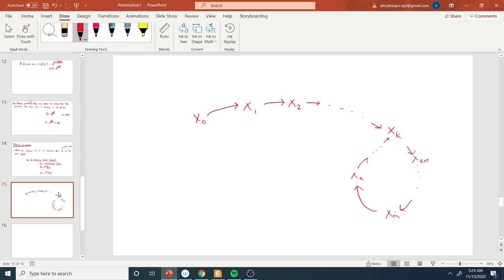It's a cycle. So every function gives rise to basically two parts under this iteration procedure: the tail and the cycle. And you might never return to anything in the tail, but you could return to something in the cycle.